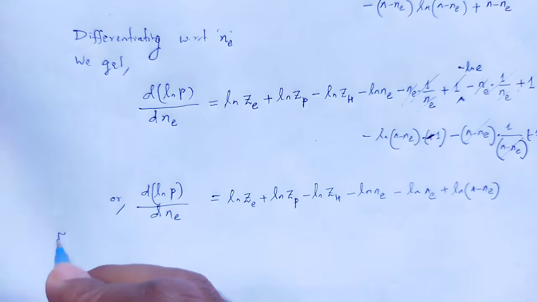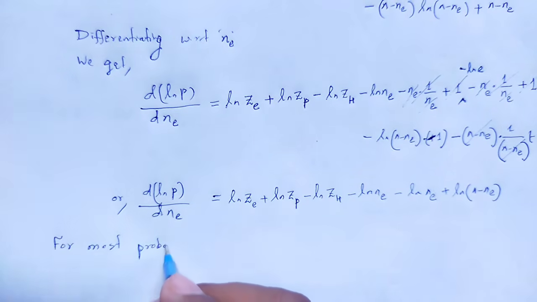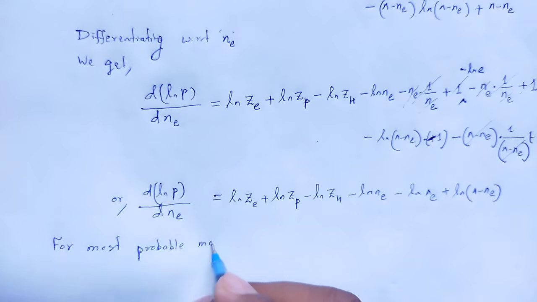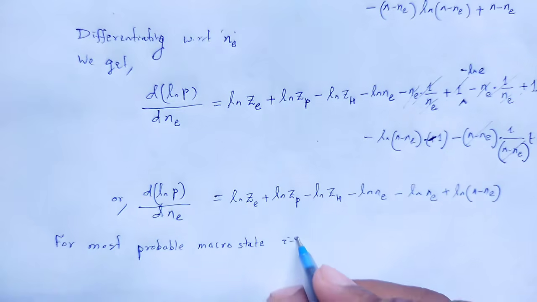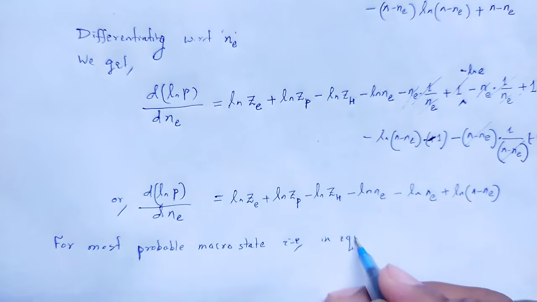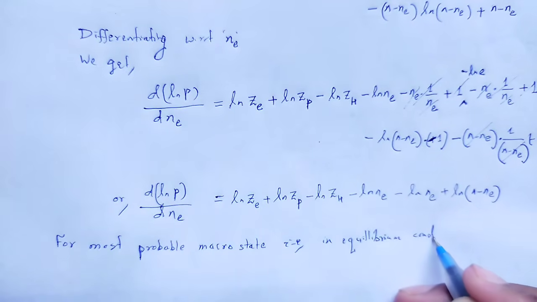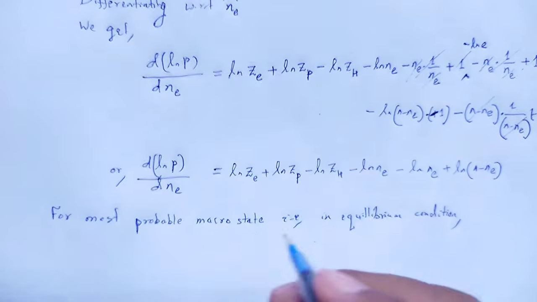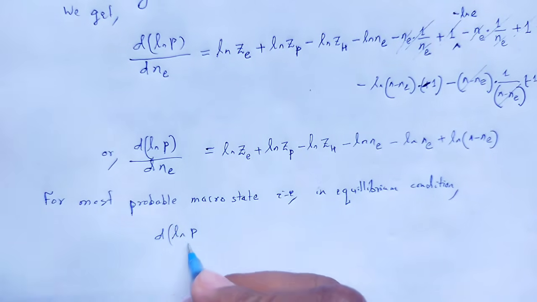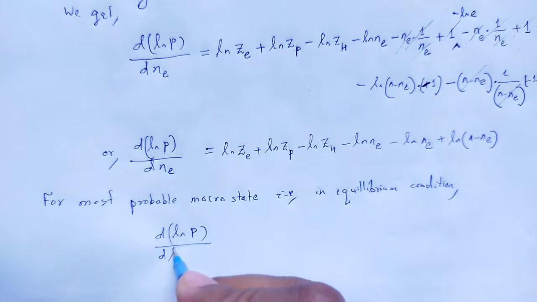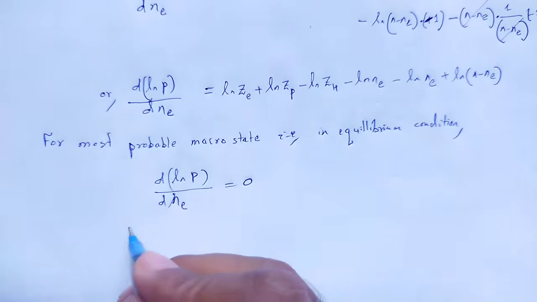First, for the most probable macro state, that is in equilibrium condition, its differentiation ln P with respect to NE will be 0.